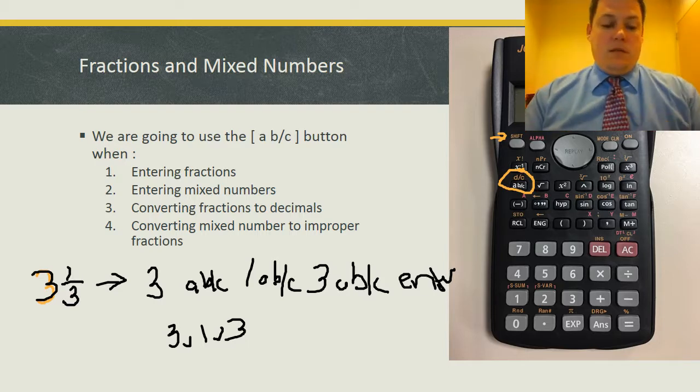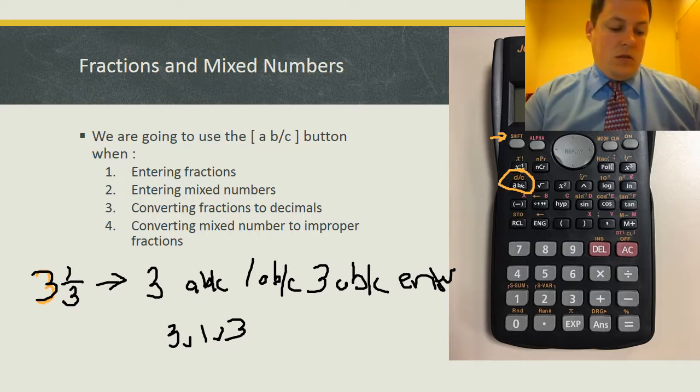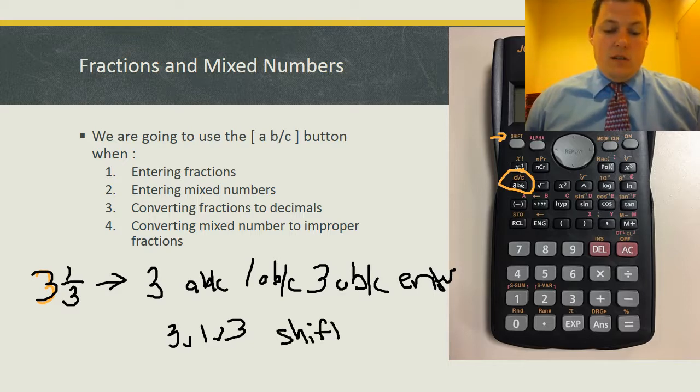And I just dropped it. Slippery hands. Then if I wanted to convert it to a decimal, I would just hit the ABC button again. But if I wanted to convert that to an improper fraction, I would hit Shift ABC.